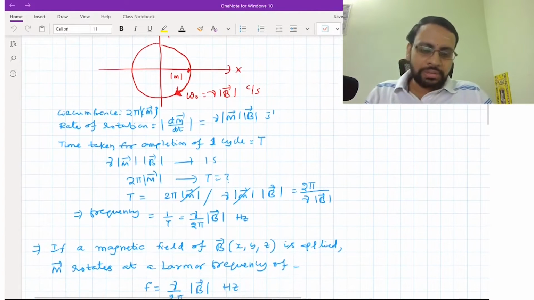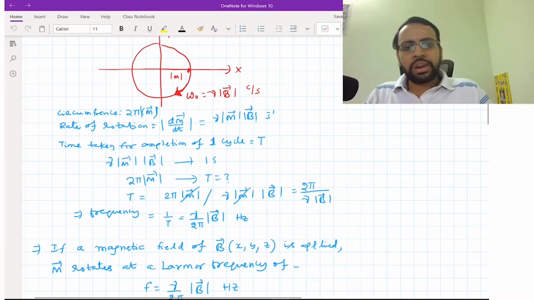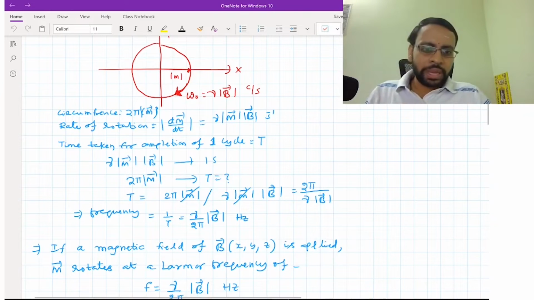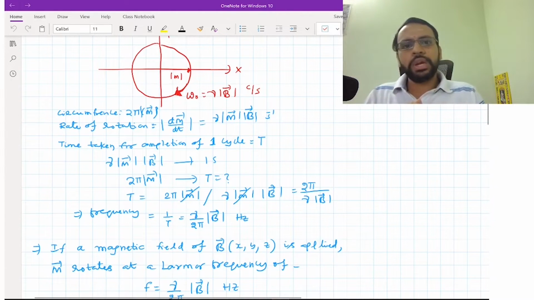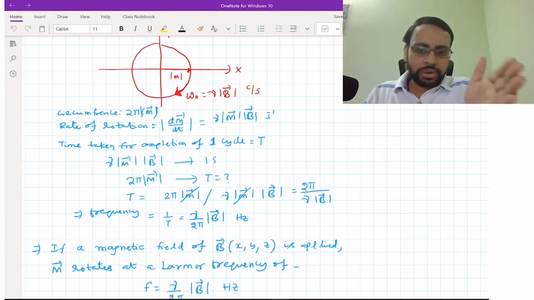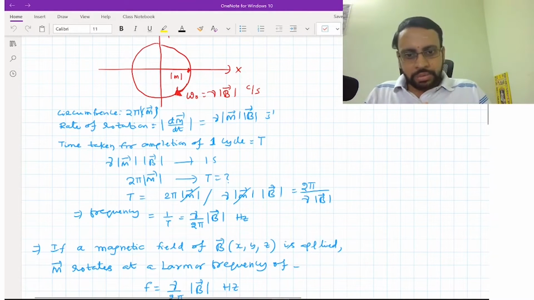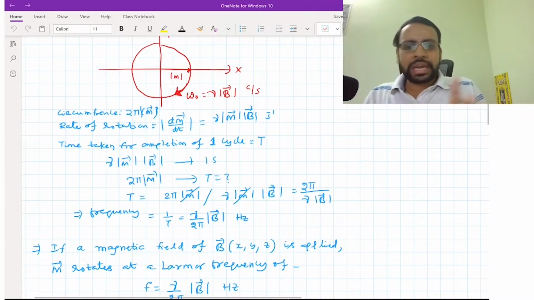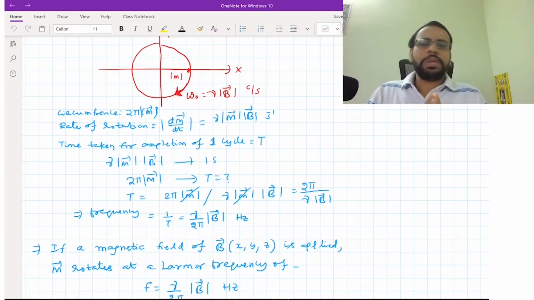It's a simple, straightforward thing to work out, and you will know that the time for one complete rotation is 2 pi over gamma times the magnitude of B. Now if you want to compute the frequency at which it is rotating, this is equal to 1 by T, that's nothing but gamma over 2 pi times the magnitude of B bar.